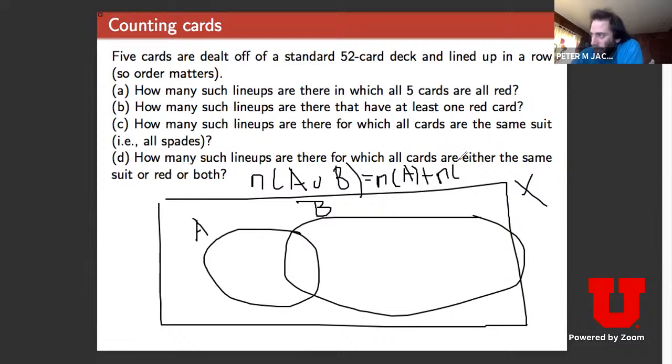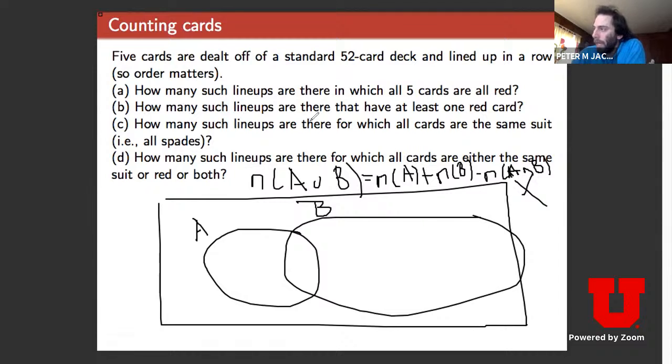This is going to be n of A plus n of B minus n of A intersection B.